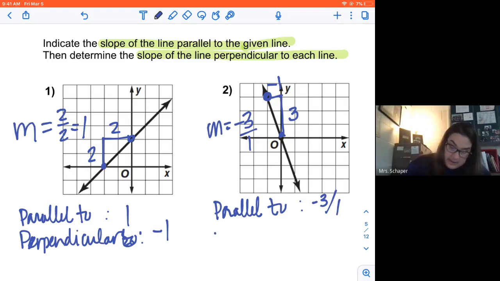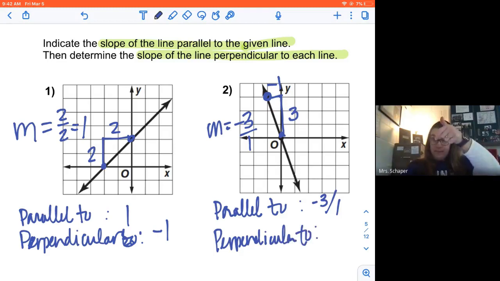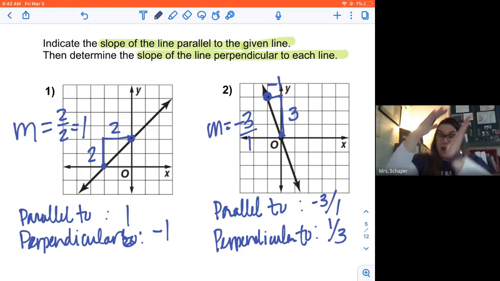And then perpendicular to it is going to be flip it and take the opposite sign. So this is going to be positive 1/3. We're going to have positive 1/3 as our slope. So again, parallel lines have slopes that are the exact same. They have to rise and run at the same pace. Perpendicular lines have slopes that are opposite and reciprocals.